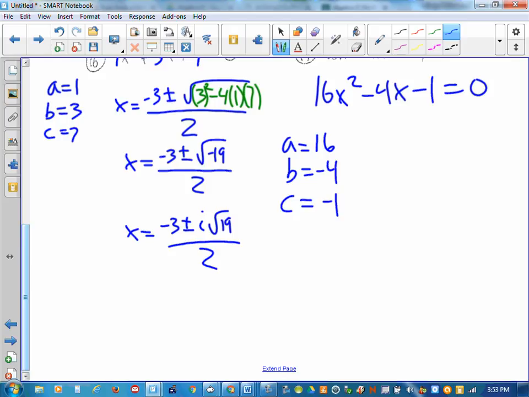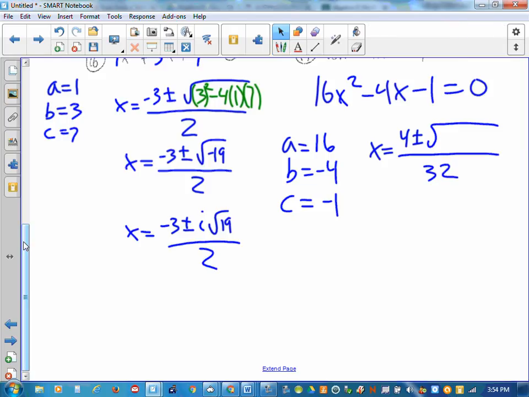So it's negative negative b, so it'd be 4 plus or minus the square root of b squared, over 2a. Well, 2 times 16 is 32. So I'm going to do b squared, so negative 4 squared, minus 4 times a is 16, and c is negative 1. So the green part's the discriminant.